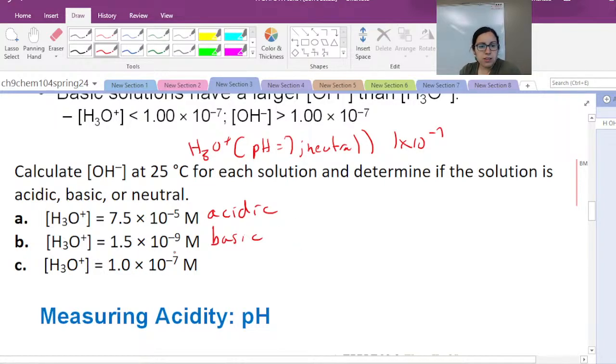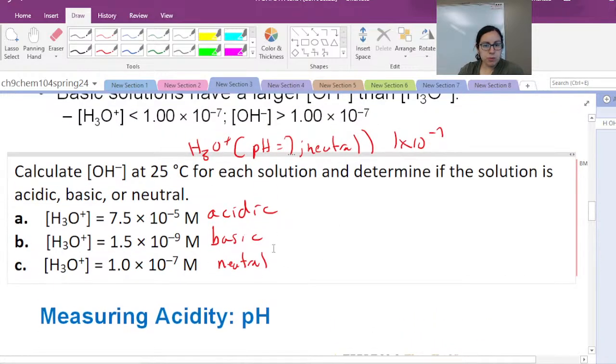And what about this last one? What do you recognize? What number does it match with? 7, or neutral, exactly.